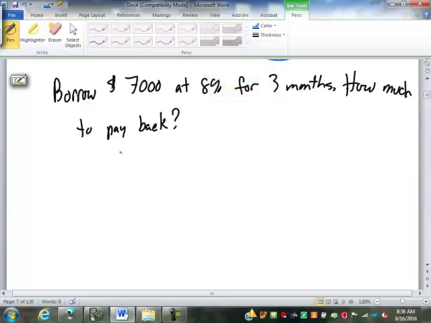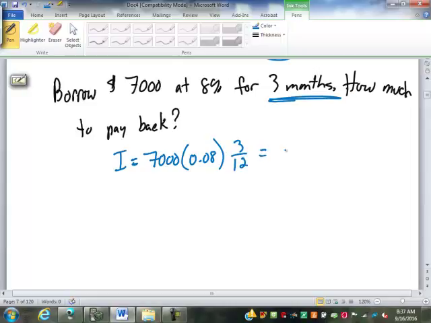So how do we find the interest? $7,000 times 0.08 as a decimal. Time we said was always in years. How do we represent 3 months? 3/12. Perfect. 3/12.